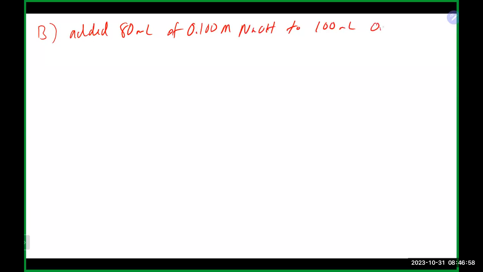All right, so B here is we added 80 milliliters of our 0.1 molar sodium hydroxide to 100 milliliters of 0.1 molar nitrous acid. Again, same Ka value, 4.5 times 10 to the minus 4, I believe.